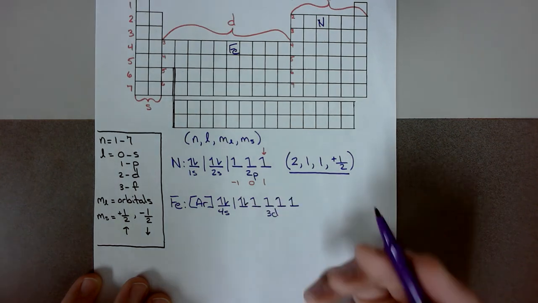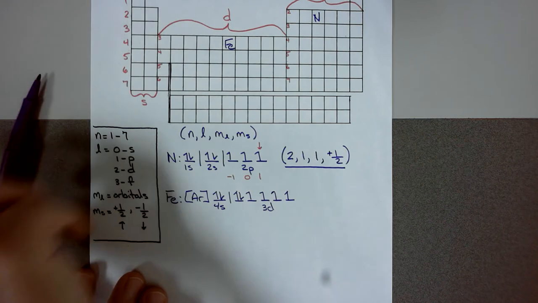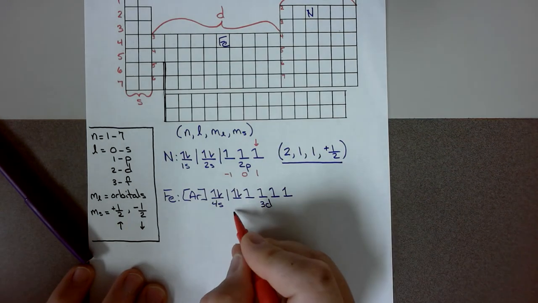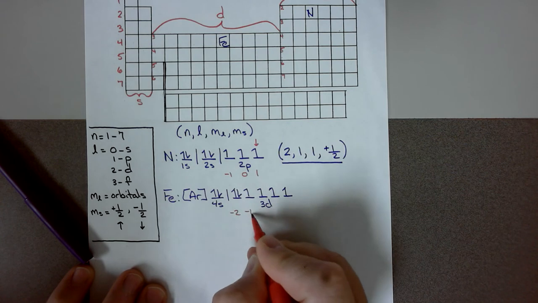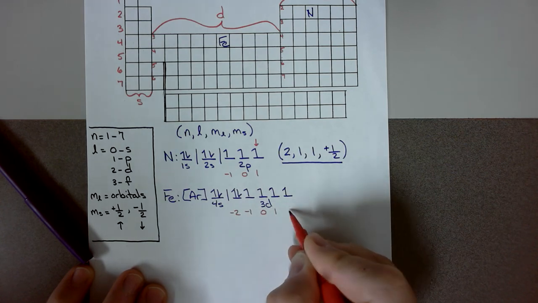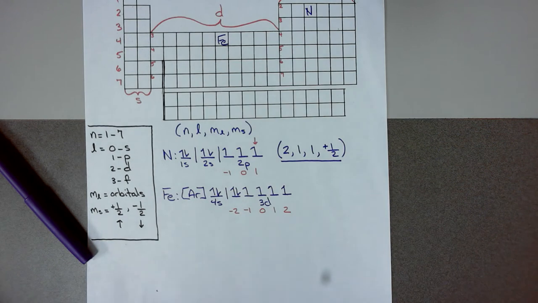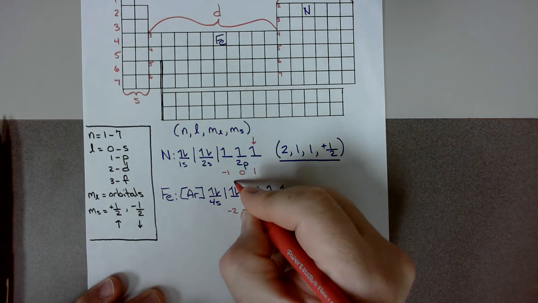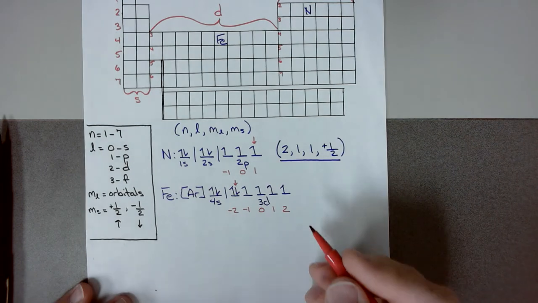So now I have my orbital diagram. I'm going to put the numbers down below for the orbitals: -2, -1, 0, 1, 2. Now to do my quantum numbers, I'm going to look at the last electron placed.